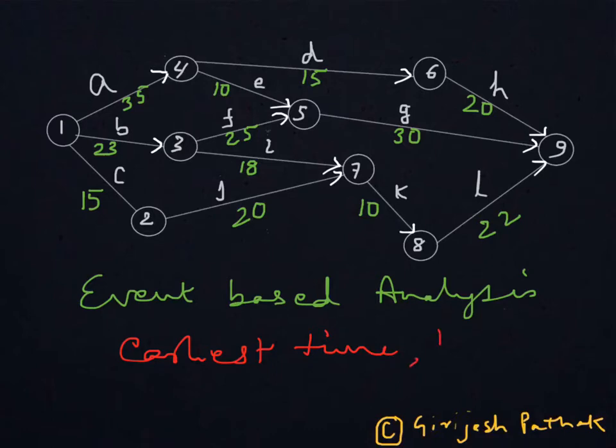Similarly, we have latest time, which indicates that by that time we must be on that node, otherwise something wrong will happen. Something wrong is basically that the project will get delayed. For events, there is nothing like duration. It happens at some moment in time. Like when A is over, that is the moment when event 4 happened.